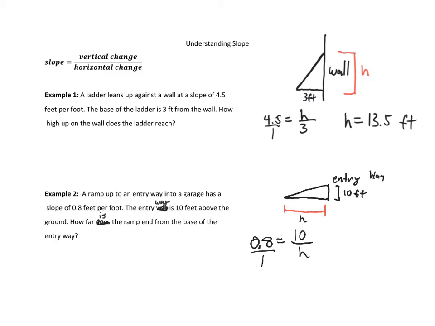There's a little bit more algebra to do here. 0.8 times h is 0.8h, and 1 times 10 is 10. So h is going to be 10 divided by 0.8, which will be 12.5 feet. In other words, the horizontal distance away will be 12.5 feet from the entryway.